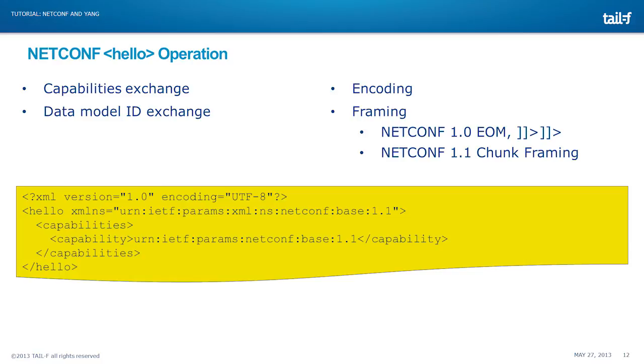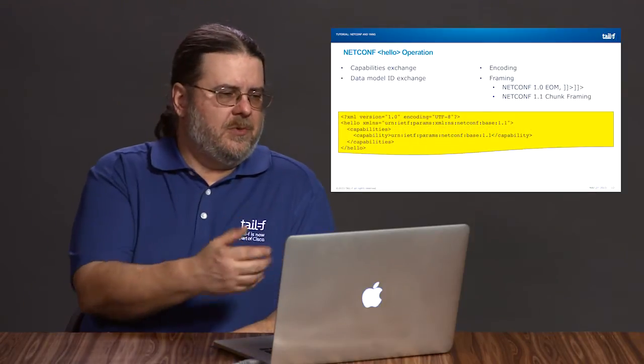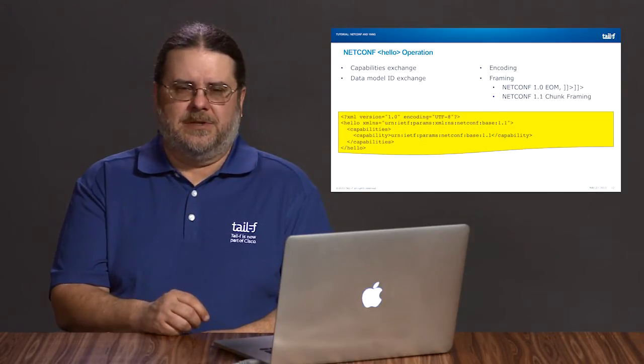So here at the bottom of the slide, we see a very basic hello message that is sent. We see the encoding, we see hello, the namespace identification saying NETCONF 1.1, and the only capability advertised is the base operations of NETCONF 1.1. This is probably the most basic hello message that can be sent.